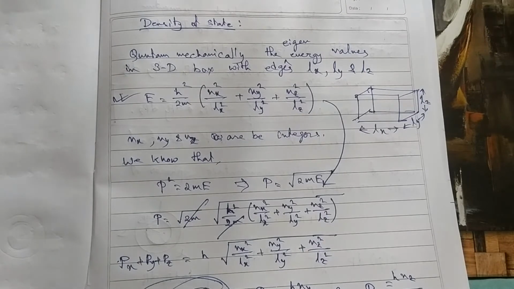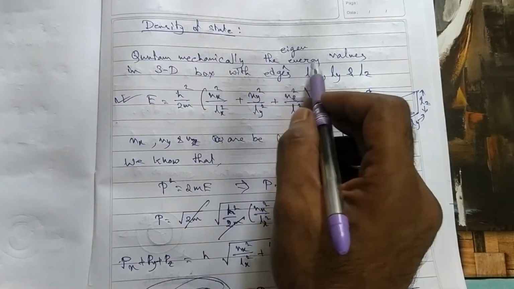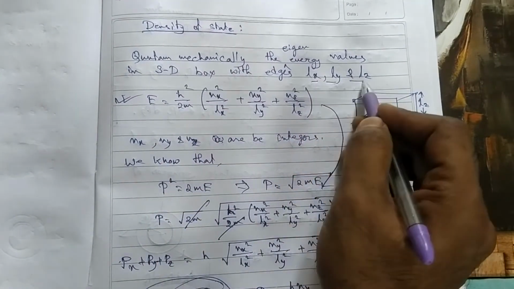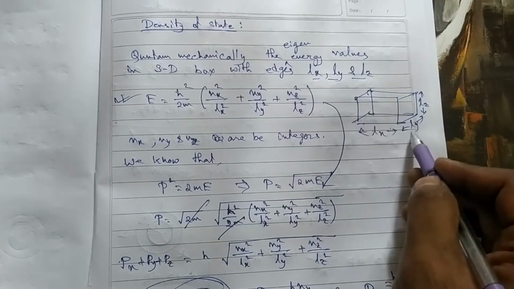Obviously this box has a three-dimensional geometrical shape. So from quantum mechanics, the energy eigenvalue in the 3D box with dimensions Lx, Ly, Lz.